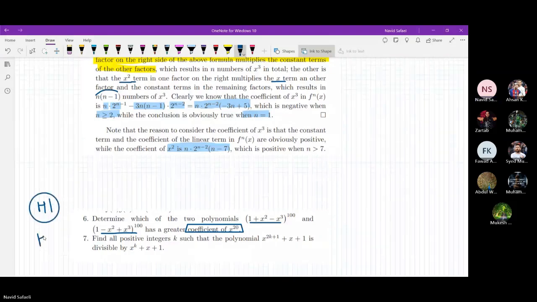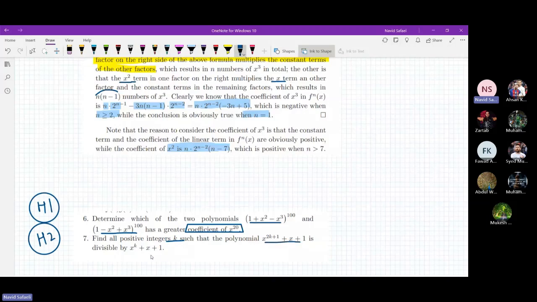Homework 2. Find all positive integers k such that this is divisible by this. Again, you can rewrite x^k as minus x minus 1.